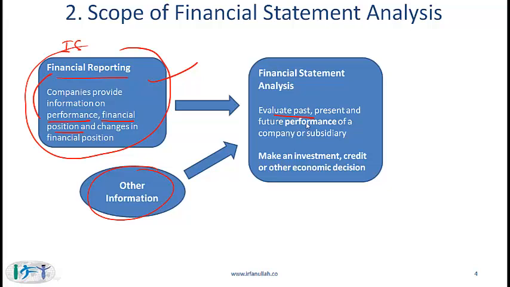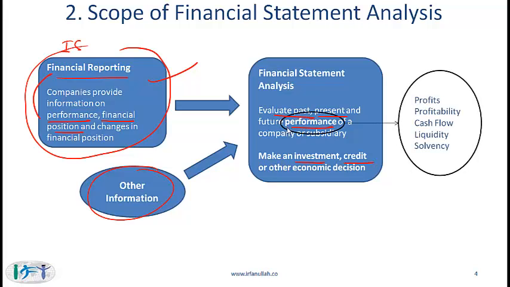Obviously, the analyst studies the past and present performance through financial reports and then needs to assess the future performance and then make an investment decision, which might either be a credit decision in terms of whether or not to lend to the company or whether or not to purchase shares in the company.